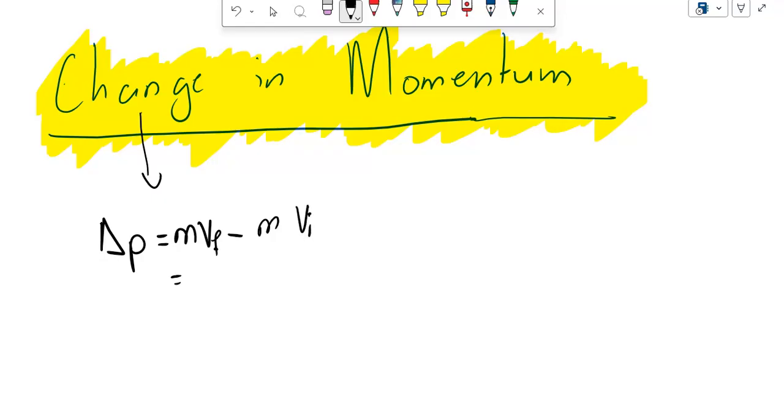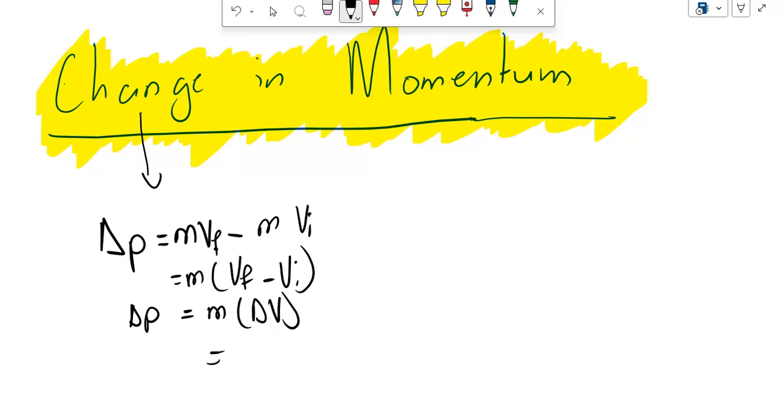If you check very well, if I factorize here, I can take out my mass as a common factor and I have Vf minus Vi. In some textbooks, they just say delta P is equal to m delta V. Alright, so this is just the change in momentum and its units are kilogram meters per second.